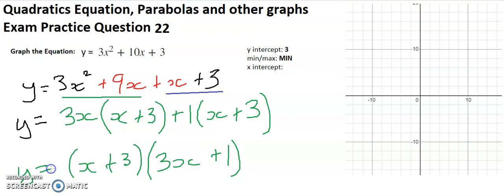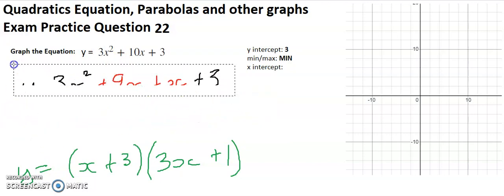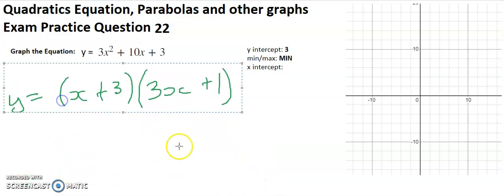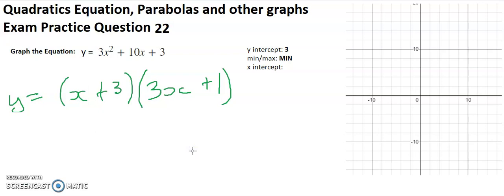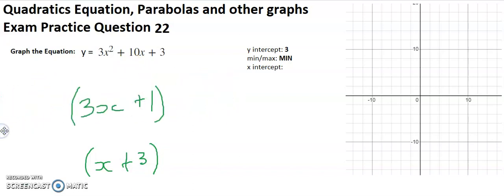Now, we know with our x-intercepts, we need to make y 0. So let's have a look at that part. To make y 0, one of our brackets must equal 0, which means x plus 3 and 3x plus 1 must equal 0. So to get x plus 3 to 0, x must be negative 3.